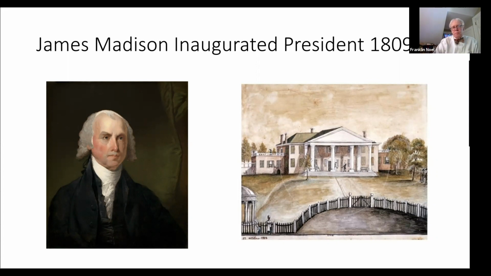He lived a short distance down the road from Jefferson's Monticello on a plantation called Montpelier, seen here on the right in an 1818 watercolor by the wife of the then French ambassador to the United States. Montpelier is today owned by the National Trust for Historic Preservation.